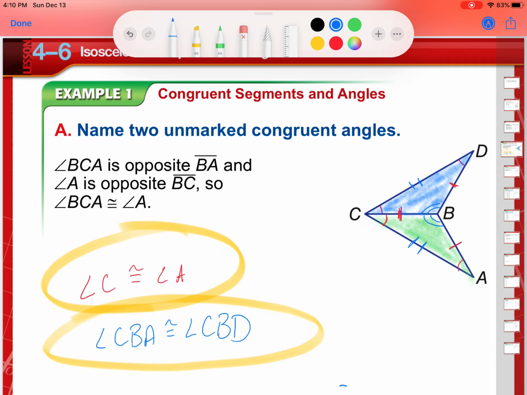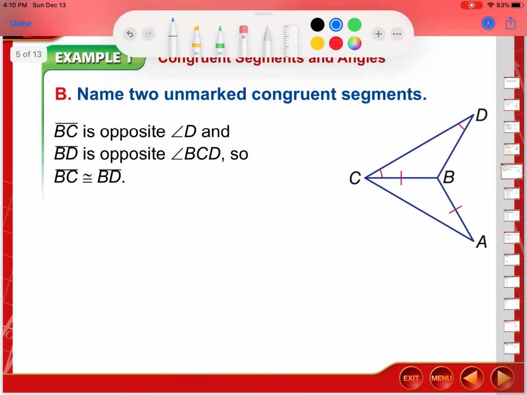So side CD and side CA are congruent based on, we could say the triangles are congruent by side angle side, and then CA is congruent to CD by CPCTC. Corresponding parts of congruent triangles are congruent.